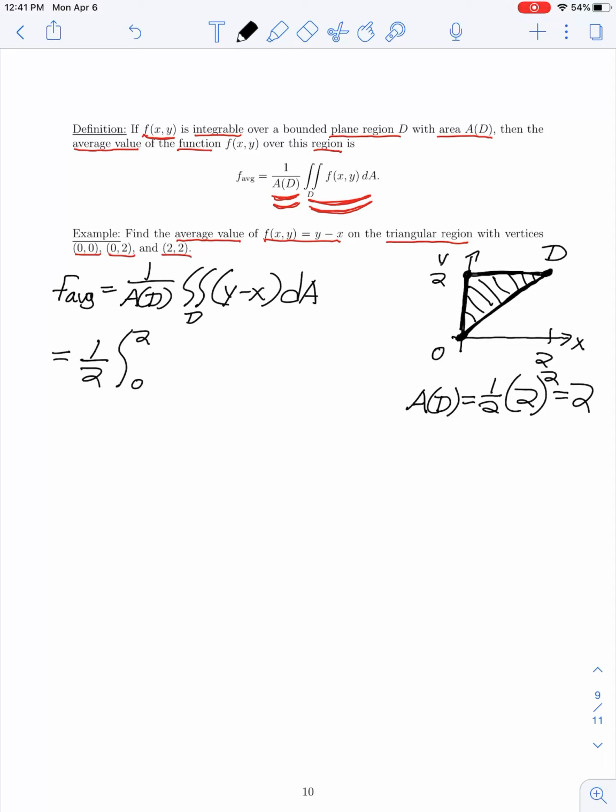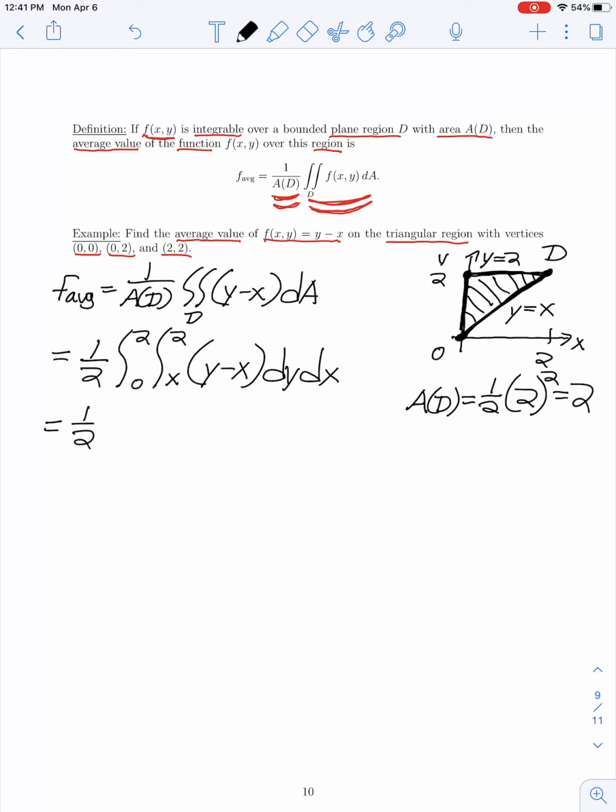And this region is bounded below by the line passing through the origin and the point (2, 2), that is the line y equals x, and it's bounded above by the horizontal line y equals 2. So our inner integral with respect to y would be the integral from x to 2, and our function is y minus x, integrated in the order dy dx.